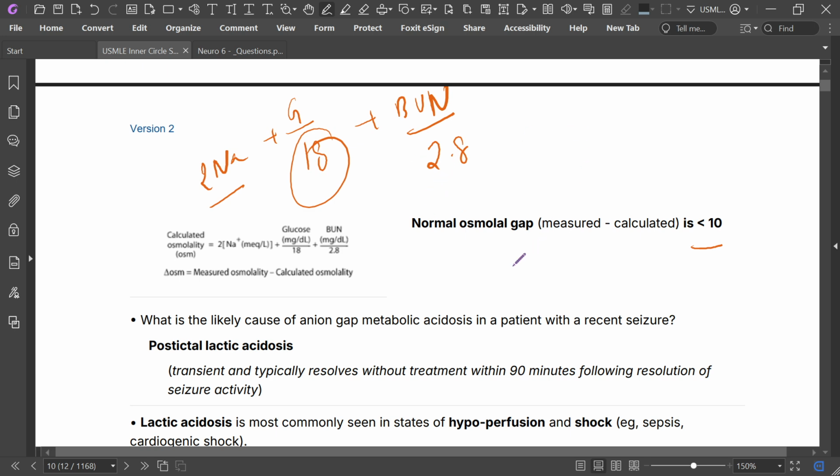The osmolar gap is the measured osmolarity, what is given, minus the calculated osmolarity.